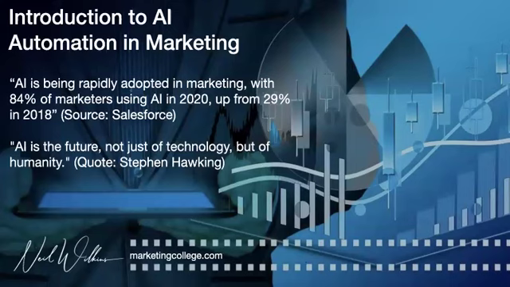This is not a new thing. Well, it's relatively new in the whole scheme of marketing and increasing automation that we've seen over recent decades, but it is not completely and utterly new. Salesforce did a big research study a few years ago and said that AI is being rapidly adopted in marketing, with 84% of marketers using AI in some shape or form in 2020, which was up from 29% in 2018.